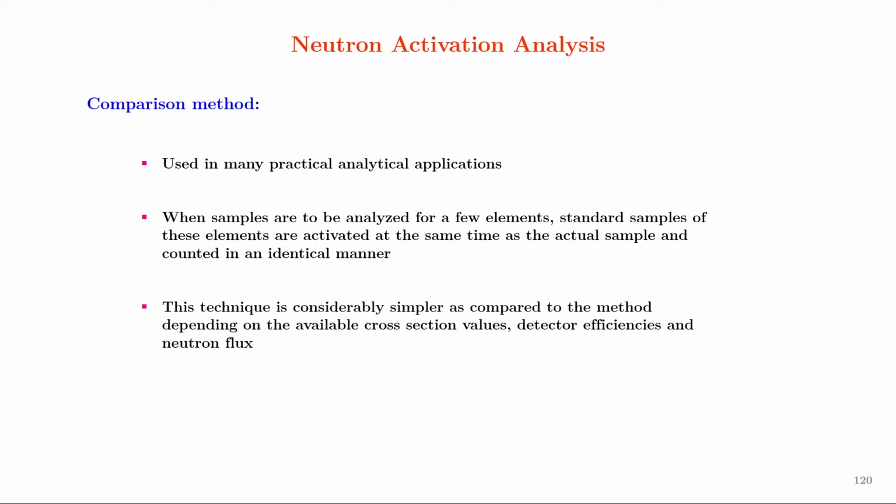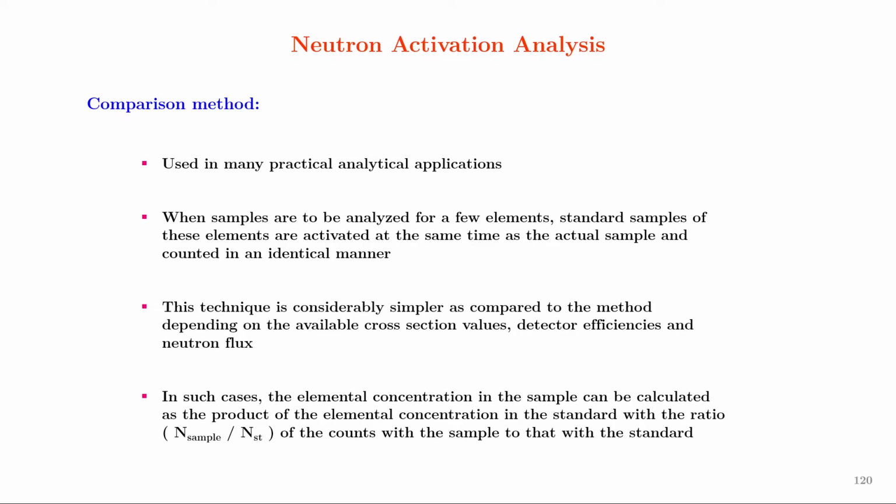This technique is considerably simpler as compared to the method depending on the available cross-section values, detector efficiencies, and neutron flux. In such cases, the elemental concentration in the sample can be calculated as the product of the elemental concentration in the standard with the ratio n sample over n standard of the counts with the sample to that with the standard.